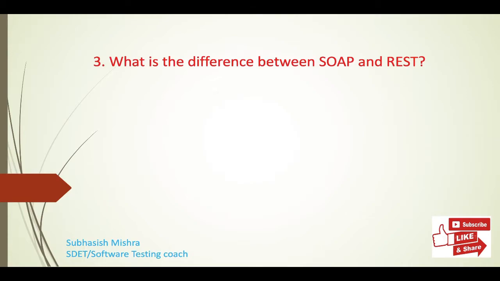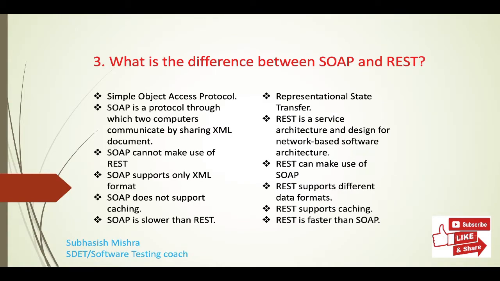Again, this question also a lot of people ask, what is the difference between SOAP and REST? So SOAP stands for Simple Object Access Protocol. SOAP is a protocol through which two computers communicate by sharing XML document. It was designed with a specification.